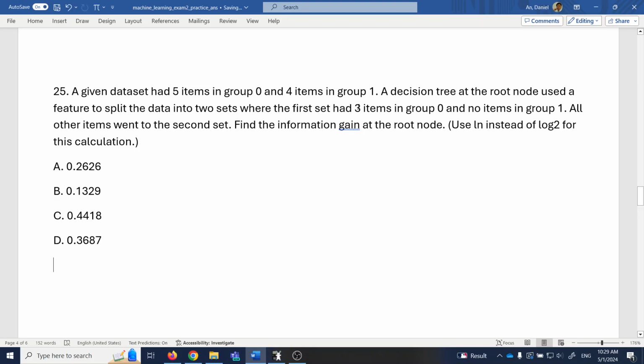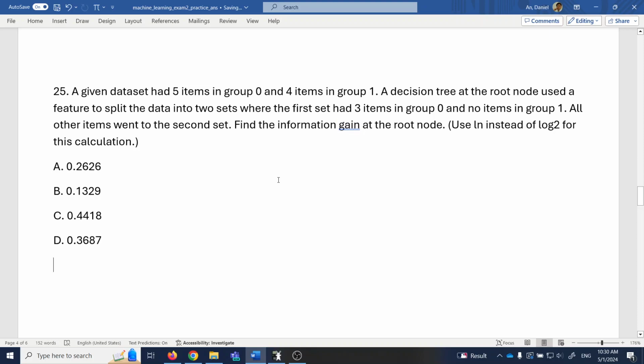But there's another branch that produces the second set, and since 3 items were already in the first set, the second set will have 2 items in group 0 and 4 items in group 1.